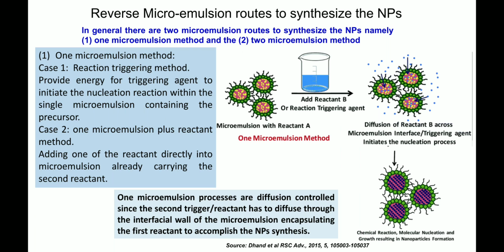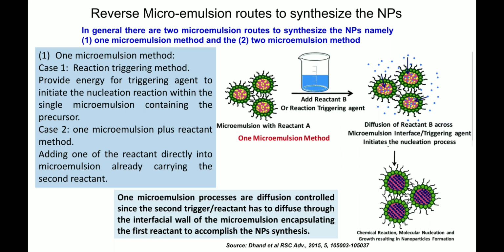In the second case of the one microemulsion method, we already have a microemulsion with reactant A. Now let us add reactant B, which is in the form of a solution. So we are going to add this microemulsion with reactant A into reactant B. Then what happens?